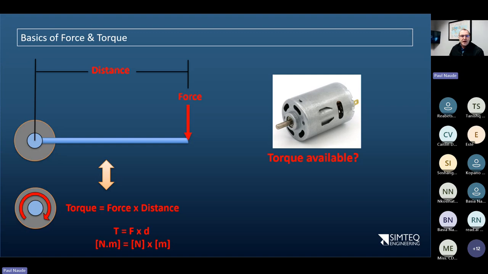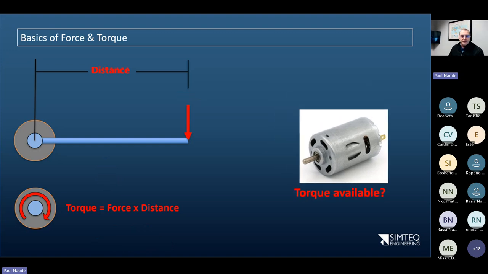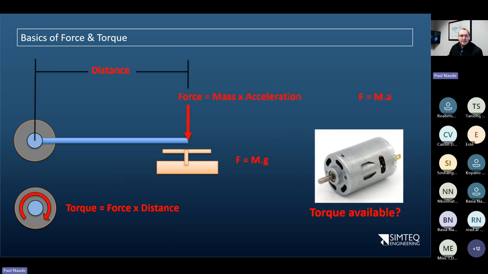So for instance, if you have a small little electric motor like this available at home lying around and you don't know what the torque characteristics of this electric motor is, you could easily attach a long arm to it, apply the voltage to it, make sure that you hold it quite securely, and then measure the kilograms or grams on a scale that it can actually apply to it.